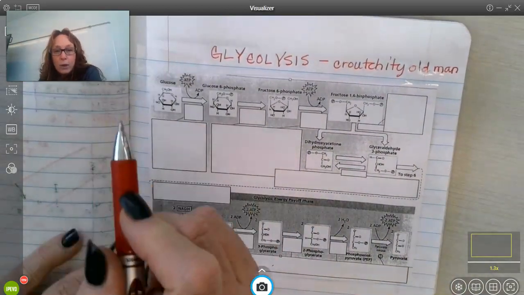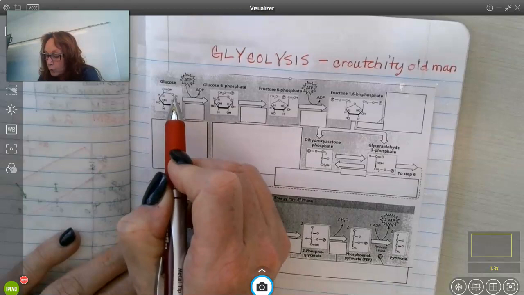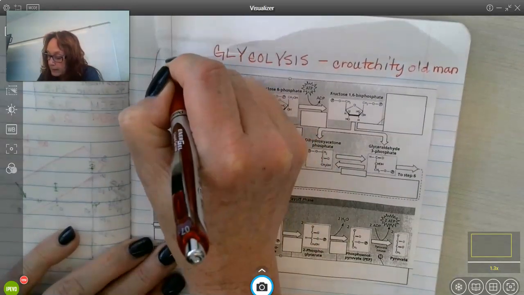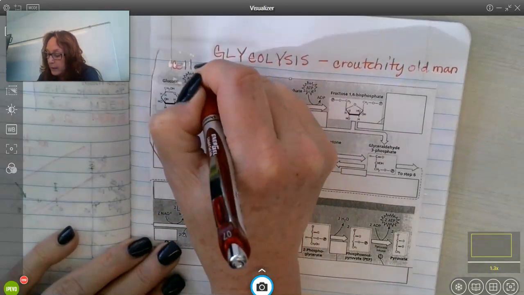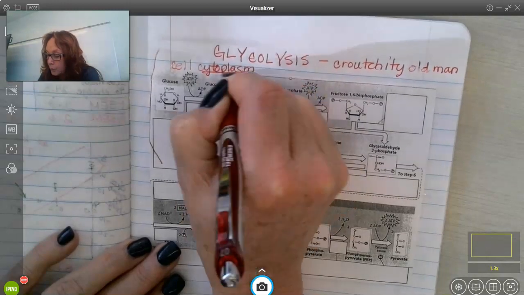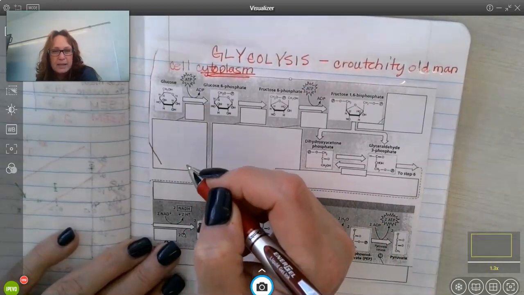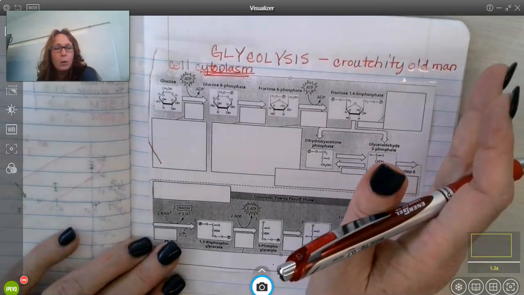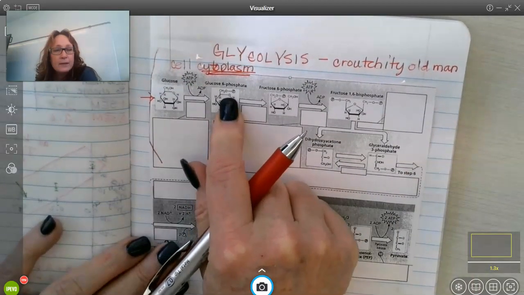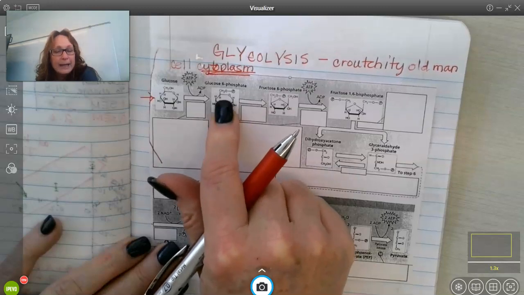So what he said was we start with glucose. This is now inside the cell, right? And it's in the cytoplasm. We learned that's super duper important because that's our evidence that this process is old. Glucose came in. When we phosphorylated it, we claimed it.